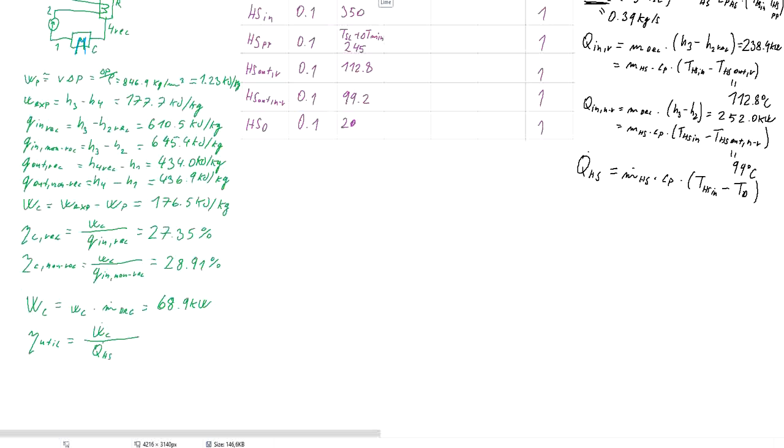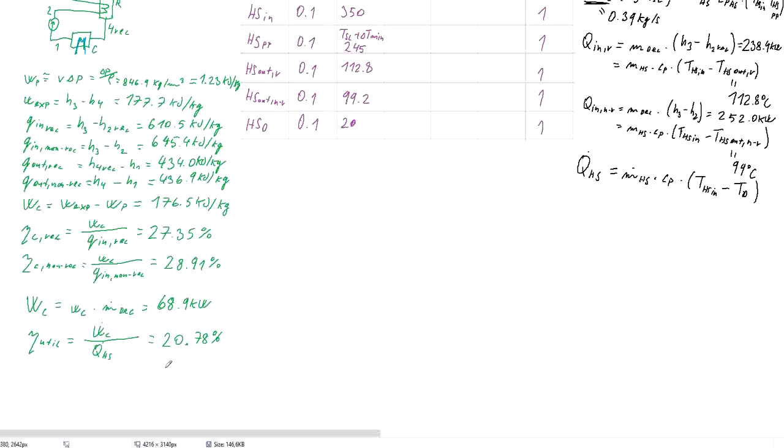And we will get that this utilization efficiency is 20.78%. Work of the cycle and utilization efficiency do not change whether we have the recuperated cycle or not.